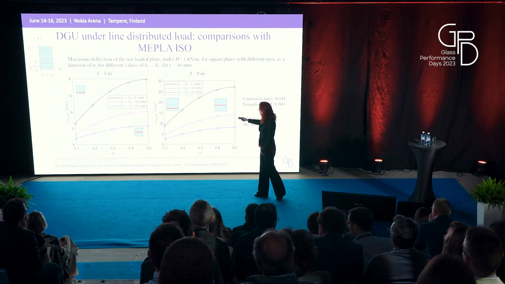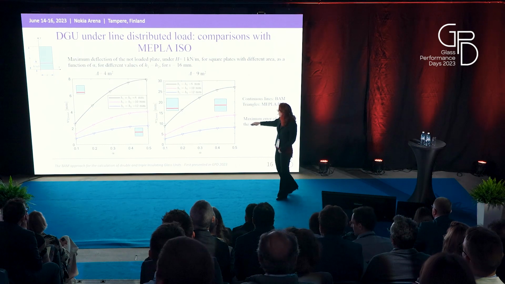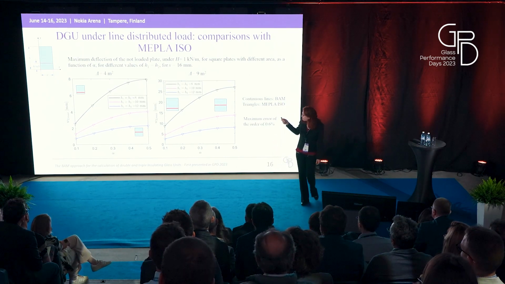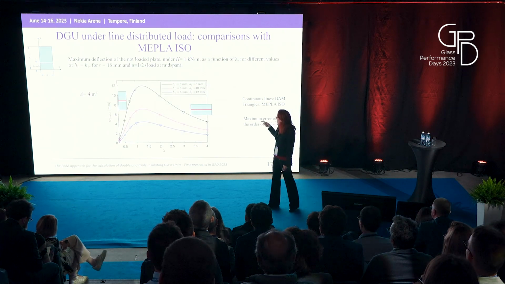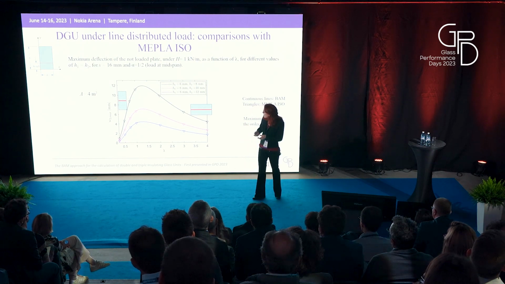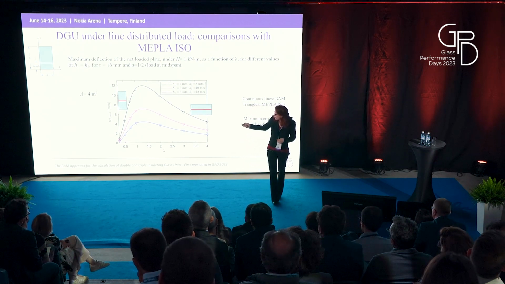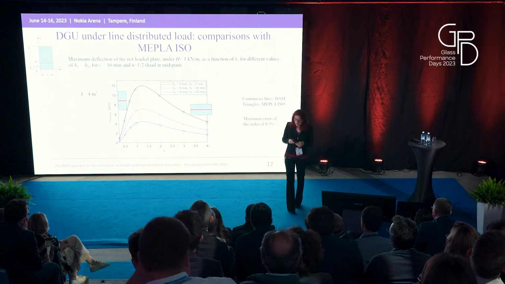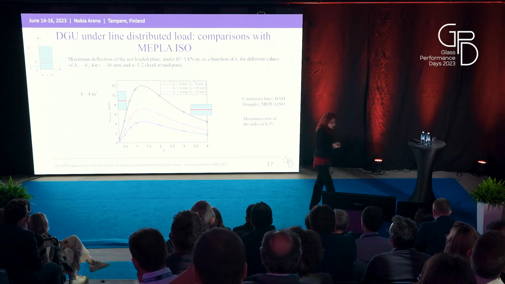Here the loading position is made to vary, and again we get very accurate results. To investigate also the influence of the aspect ratio of the pane, it is made to vary between 0.25 and 4, and this graph considers the case where the load is applied at the midspan.